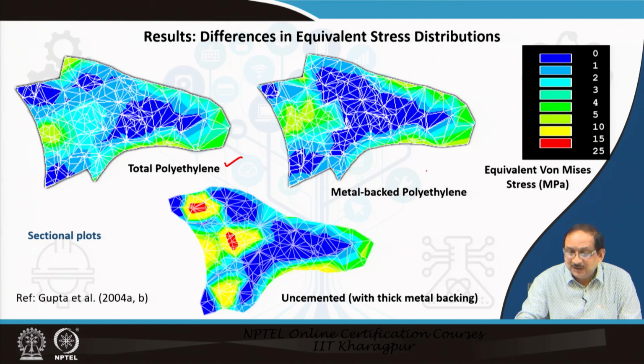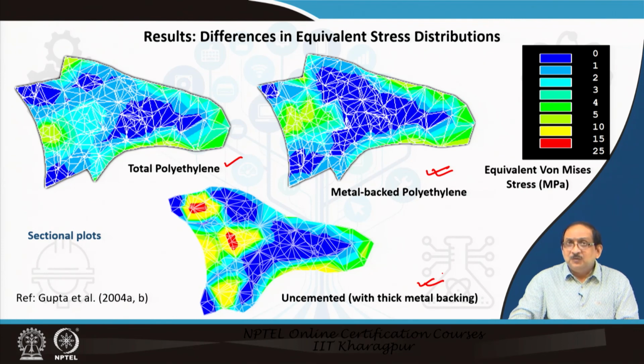The same section has been used to plot the stress distribution within the metal back polyethylene, and the same section has been used for the uncemented case with a far more thicker metal backing. The equivalent stress distribution varied between, say, 0.1 to 25 MPa maximum.